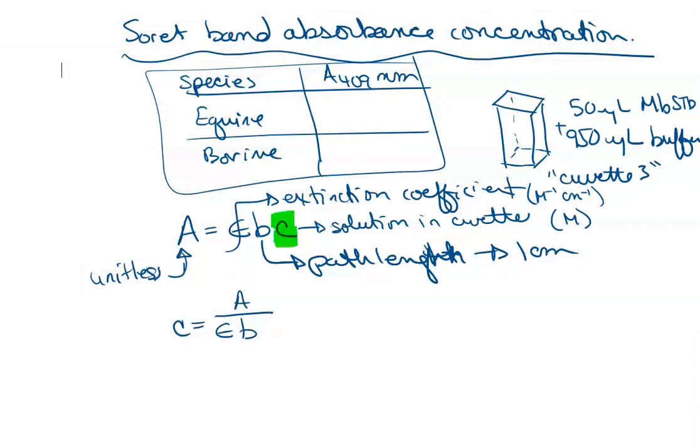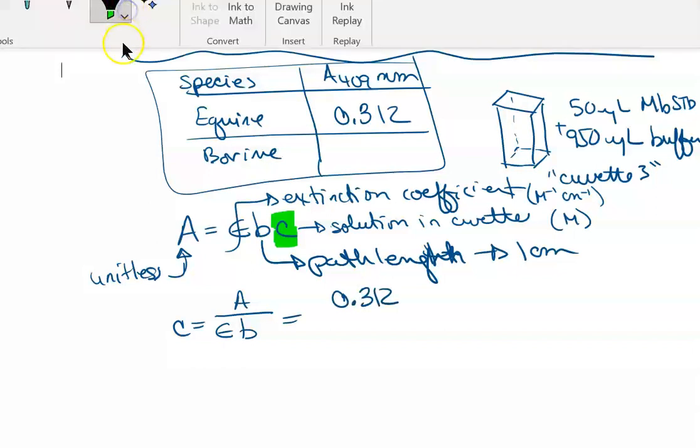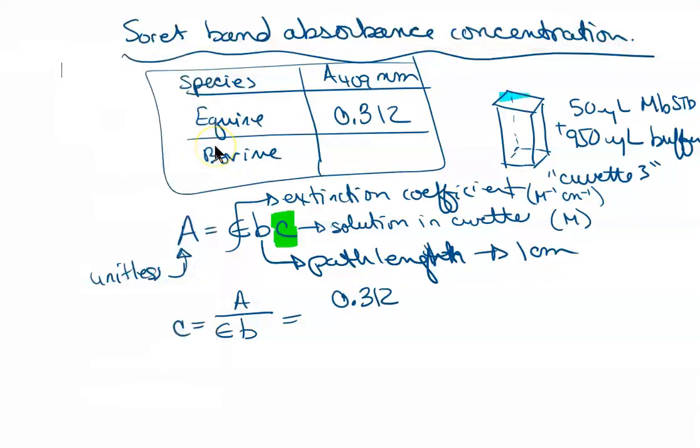And so I'm going to solve this for you using the equine sample as an example. So let's say that the absorbance was 0.312 in our cuvette. And remember that that was a dilution. So what's in the cuvette is the dilution.